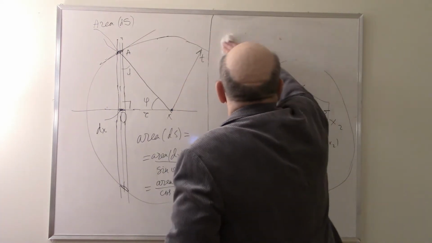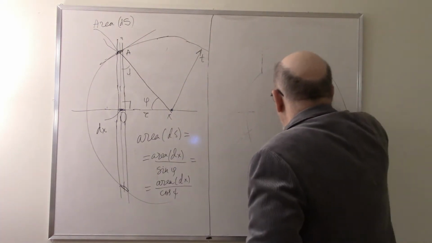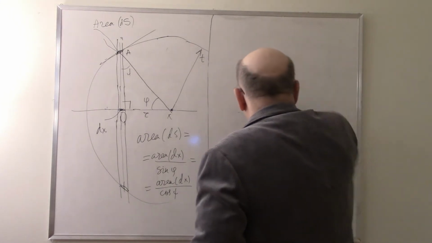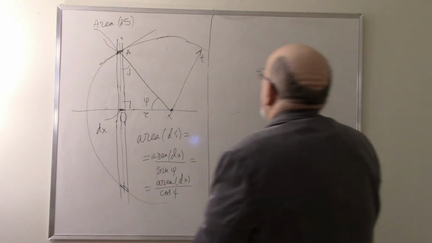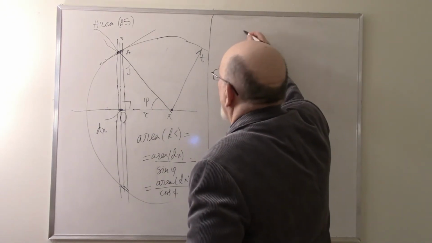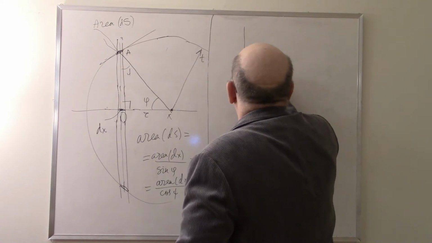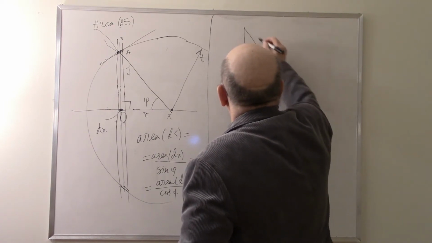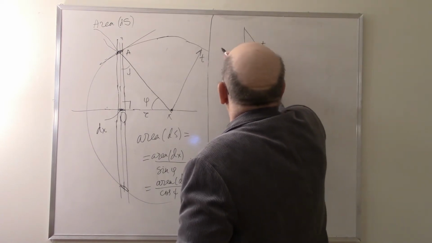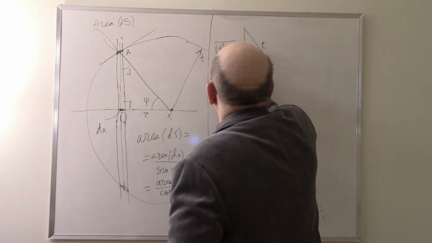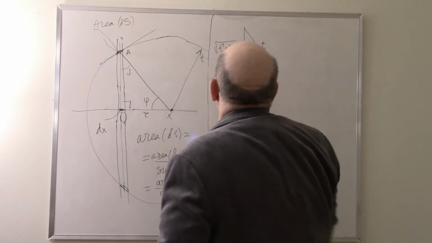So we have a triangle. It is R, this is t, and this is the square root of t square minus r square.